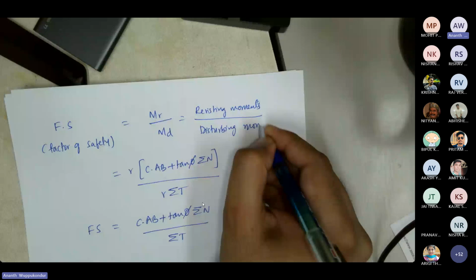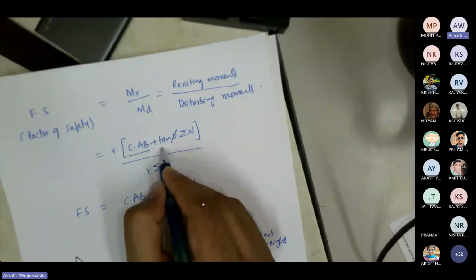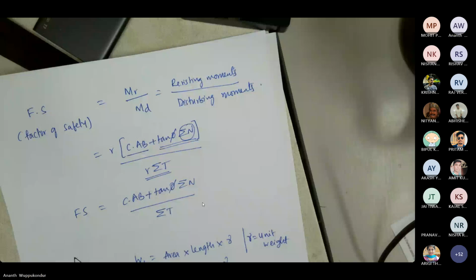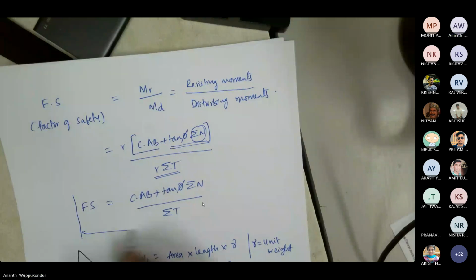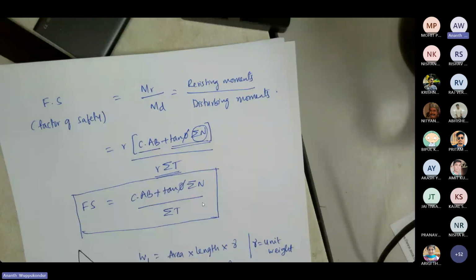So the resisting moment is because of the cohesion and internal angle of friction multiplied by the normal force, and the disturbing force is because of the tangential force. So your factor of safety would be this. So this should be more than or equal to 1.5.